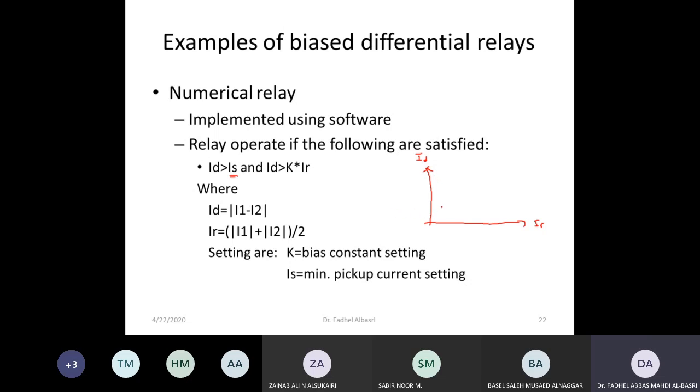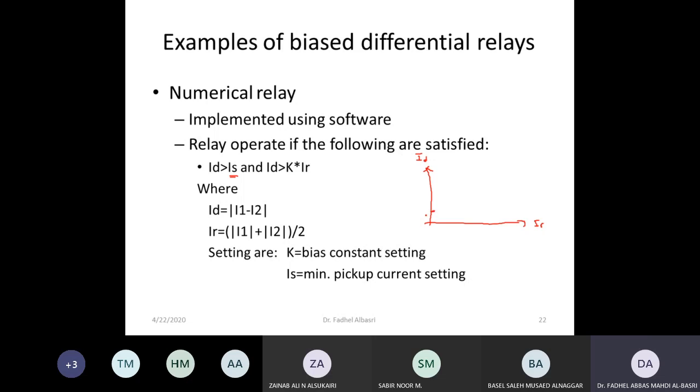Now for biased differential protection, we choose a minimum pickup setting for this differential in order to overcome errors between the two currents during normal operating conditions, during no load conditions.